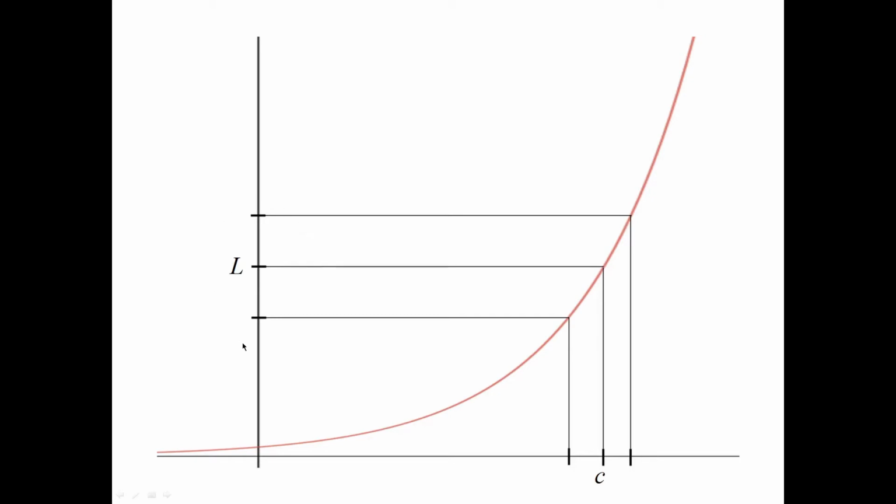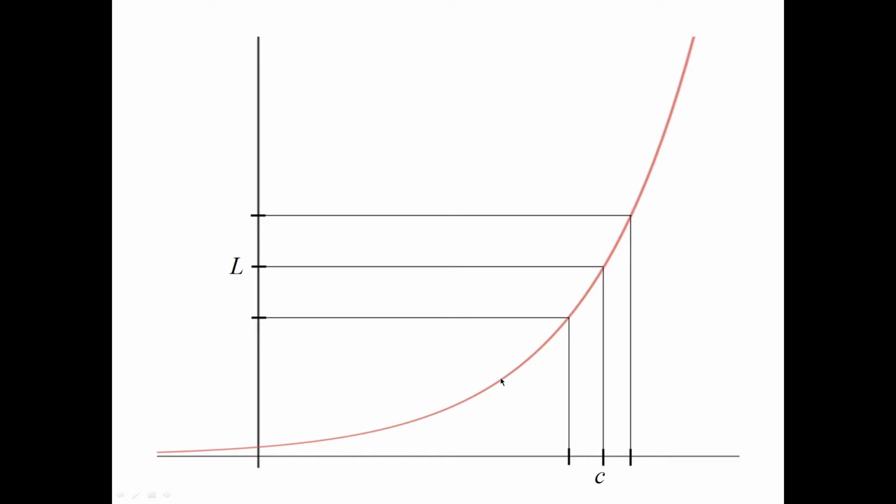And notice on the y-axis here, I am drawing an equally spaced interval. So this interval is centered about L. And so we're going to use our absolute value notation there. But also notice that this centered interval, when we draw it to the line and then draw it down to the x-axis, is no longer centered on the x-axis. And that will always be true when you have a function with curvature.